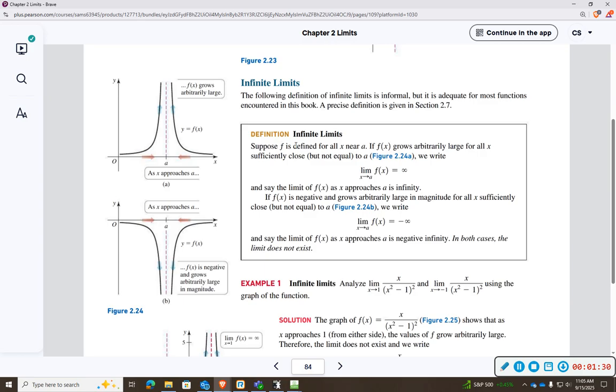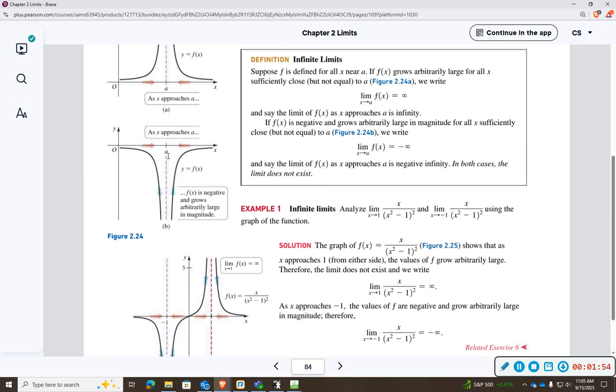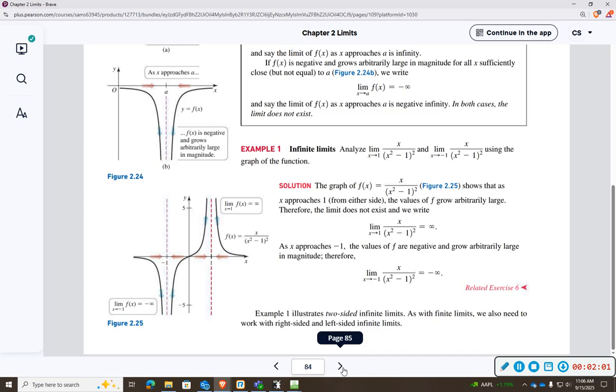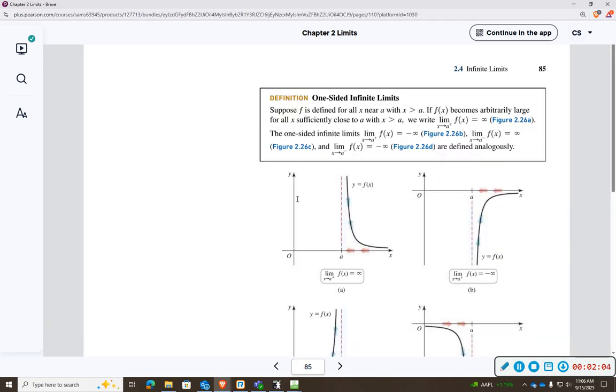Again, they let you know that f is defined for all x near a, maybe not at a, but as we get close, if the f of x grows without bound or decreases without bound, because you got two different ones, then we say limit of f of x as x approaches a is equal to infinity, or vice versa, negative infinity. And then you can see different graphs and how to analyze it analytically.